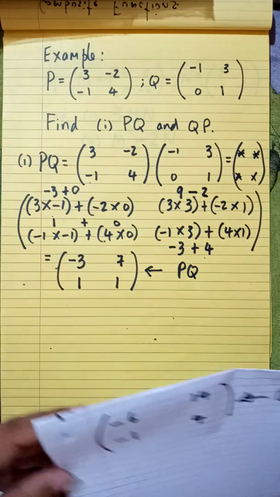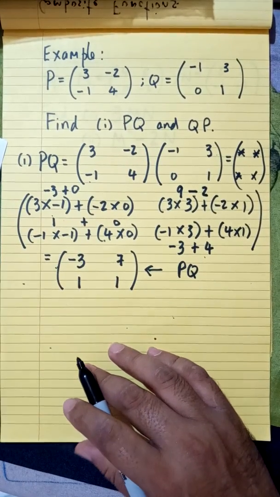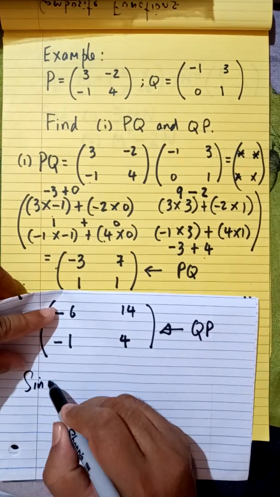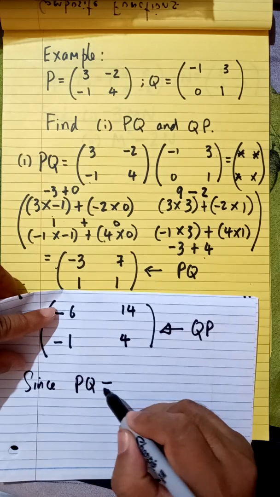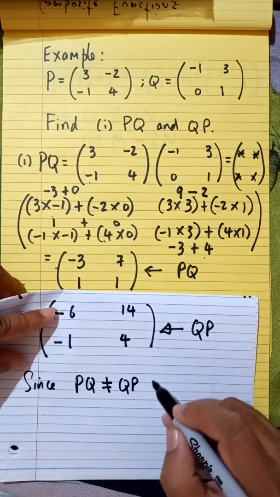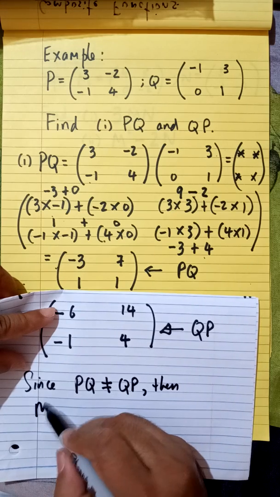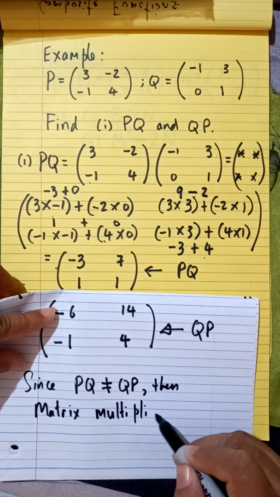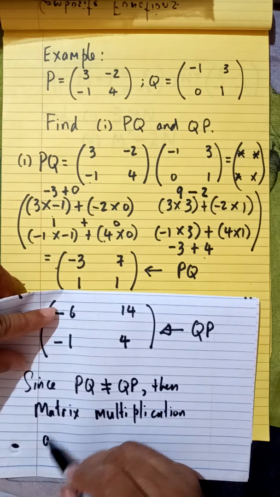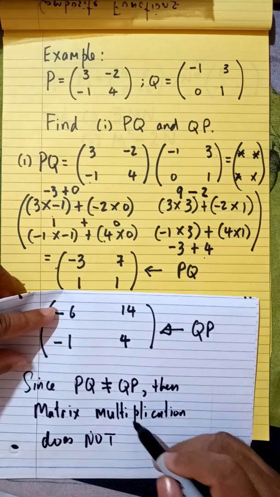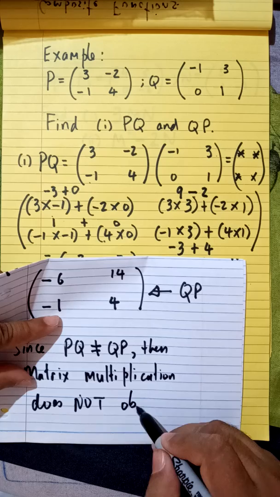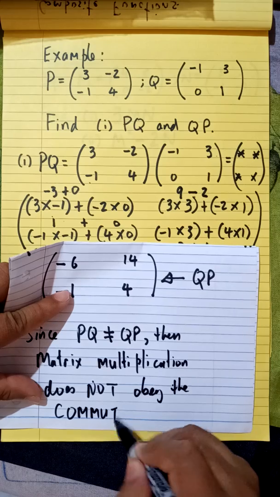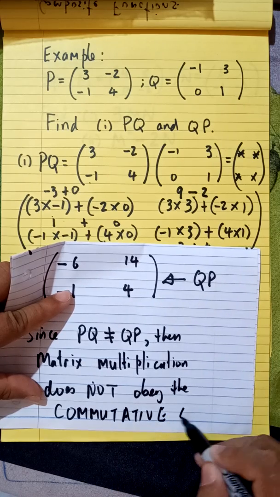So our conclusion is that since PQ is not equal to QP, then matrix multiplication does not obey the commutative law.